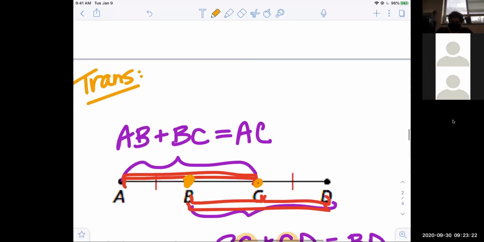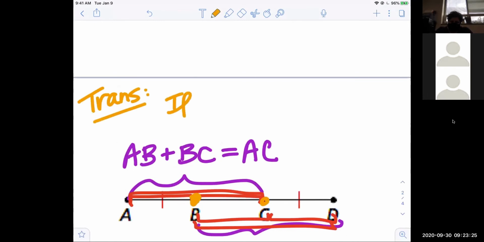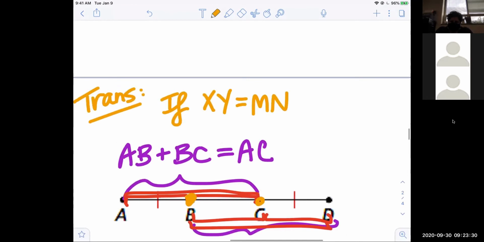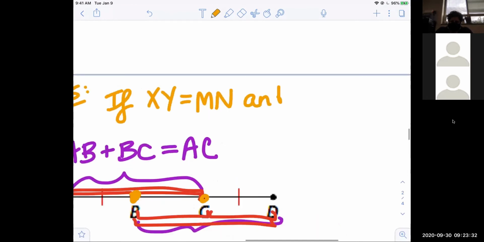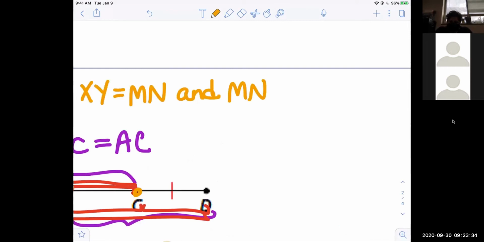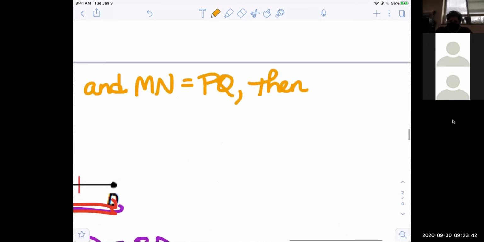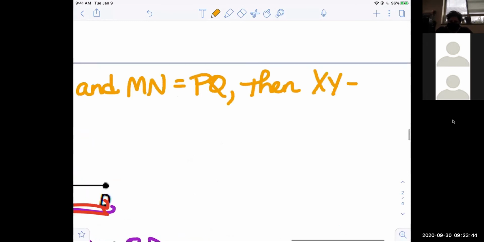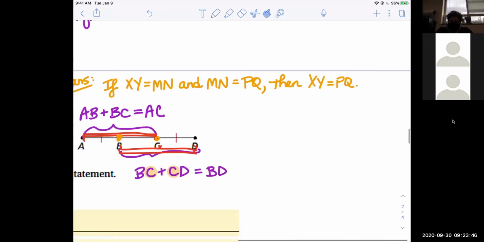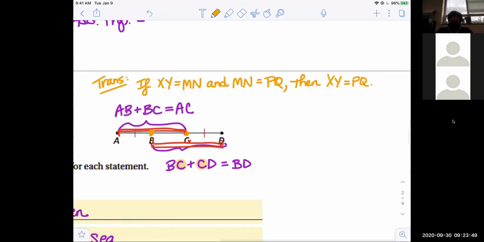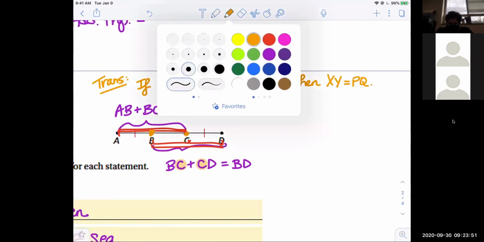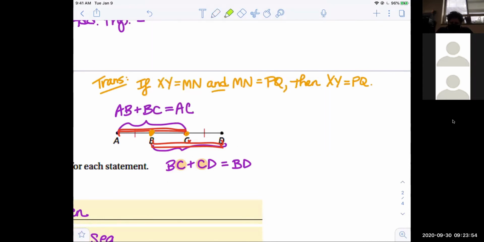Transitive has to look like this. Transitive has to give you two equations, like if XY equals MN and MN equals PQ, then XY equals PQ. Transitive is going to give you two equations, matching a whole side of one equation to a whole side of the other equation.